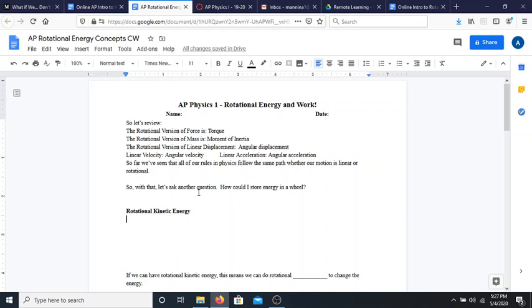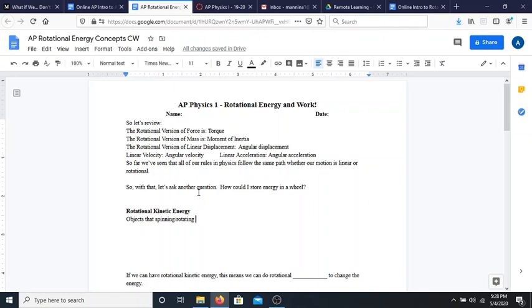Now, rotational kinetic energy is pretty much exactly what it sounds like. Objects that are spinning or rotating have some energy, because clearly they're moving, and we've discussed before that any object that is moving has kinetic energy. We talked about this when we talked about kinetic energy originally. I was throwing things at people. It was great times.